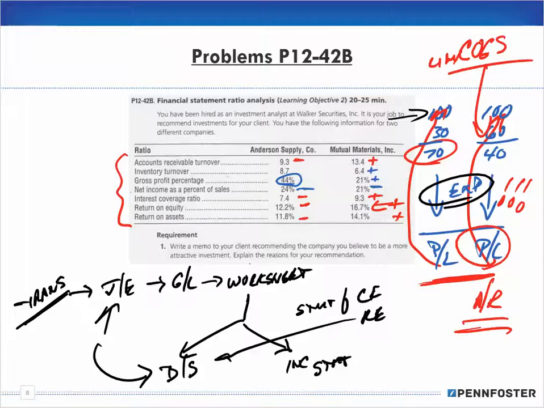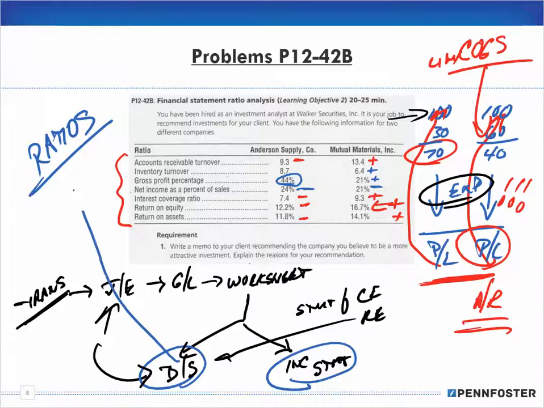And once we have that information on our balance sheet and our income statement, this allows us to generate the ratios that we need, right, in order to answer the questions that we want to perform analysis on.